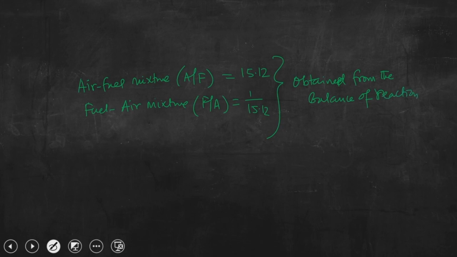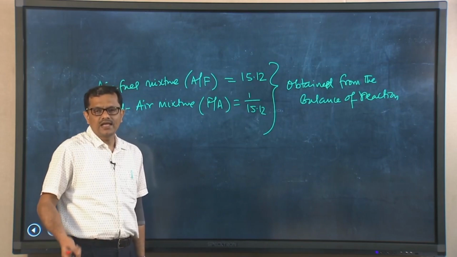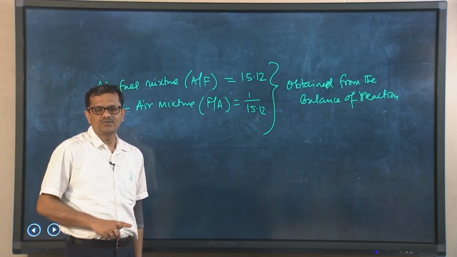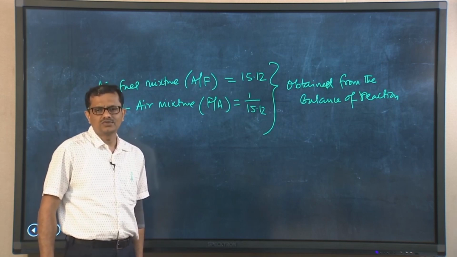These two are obtained from the balance of reaction. So, for that particular fuel, if we need to supply to the engine cylinder, the chemically correct air fuel ratio should be 15.12 or fuel air ratio should be 1 upon 15.12.